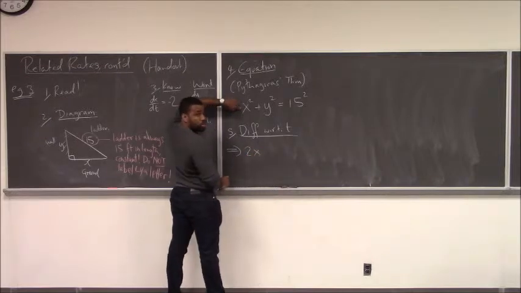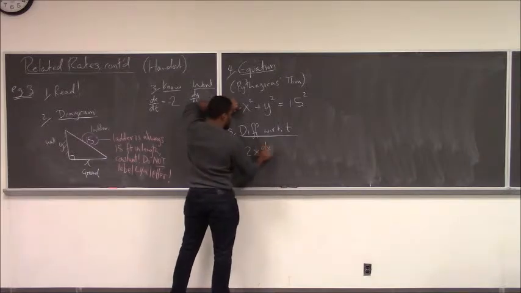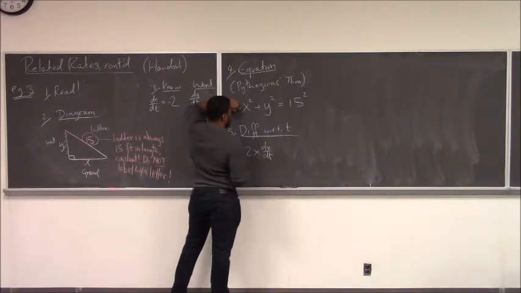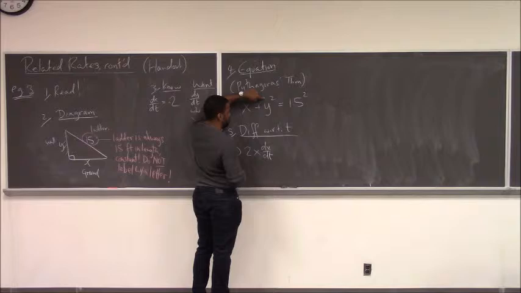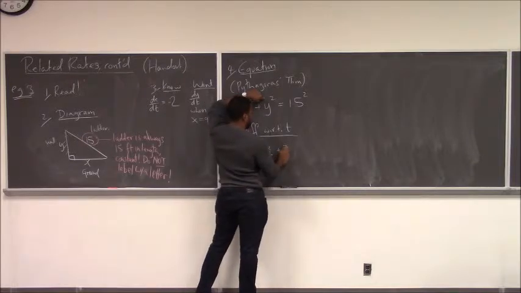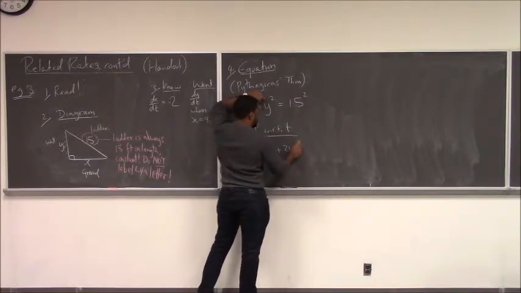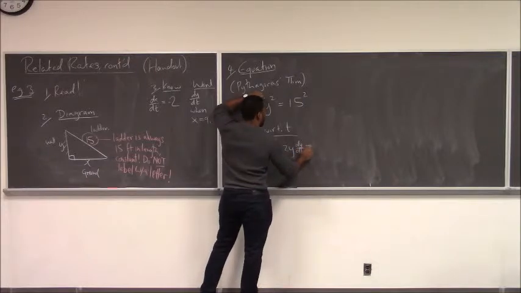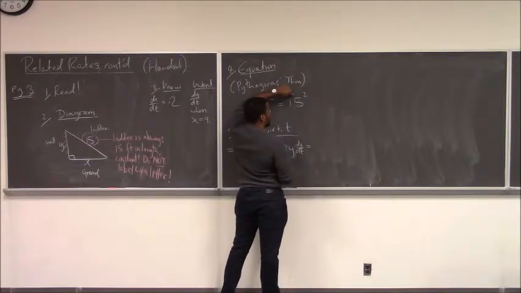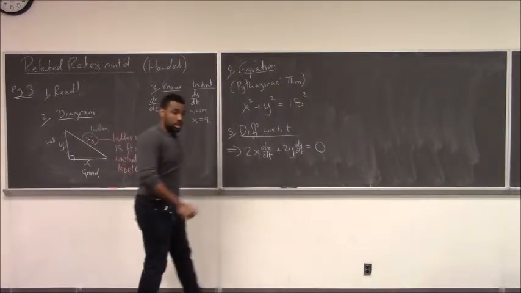So that's the x dt. Zero. That's a constant.